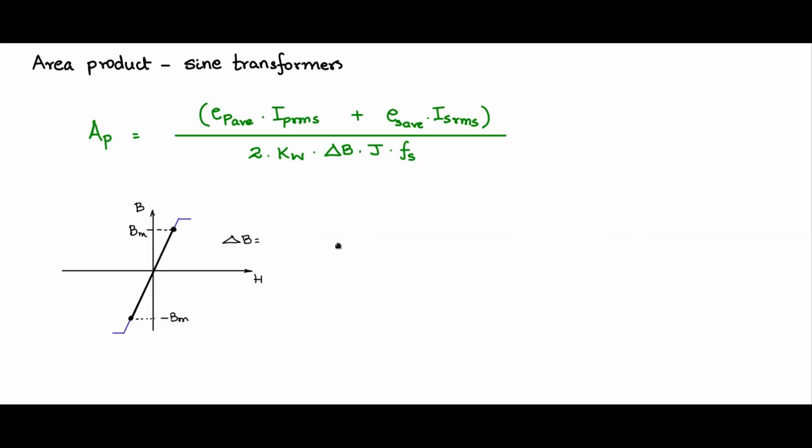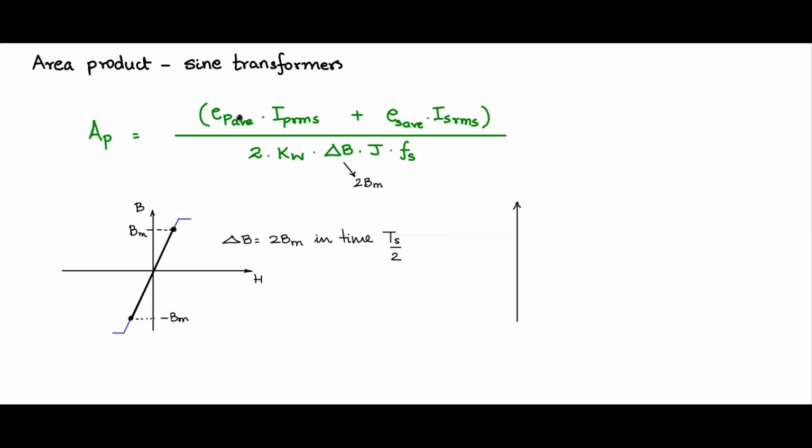So delta B is a 2 BM swing it will undergo in TS by 2 time. So this portion gets replaced with 2 BM.